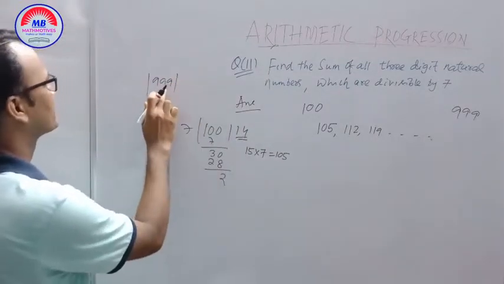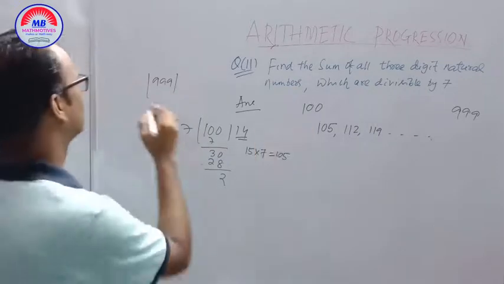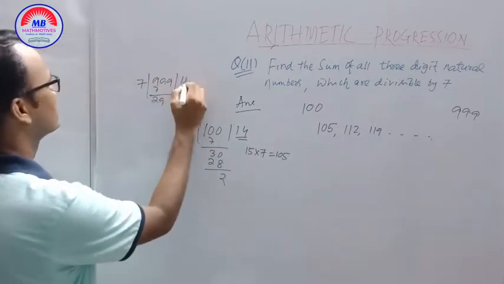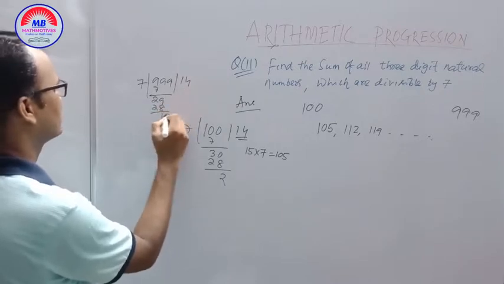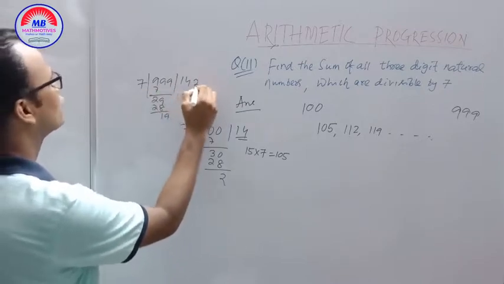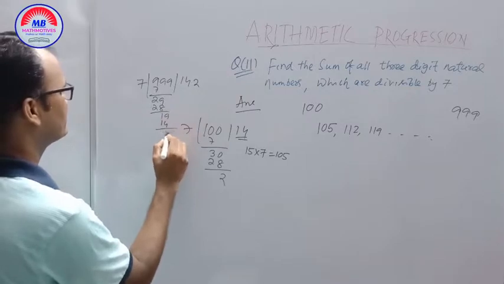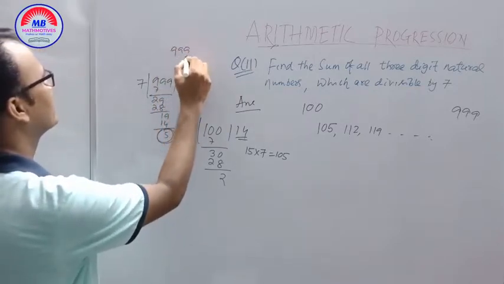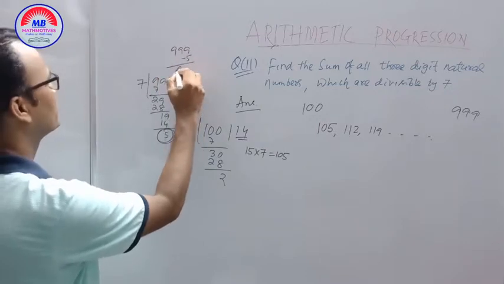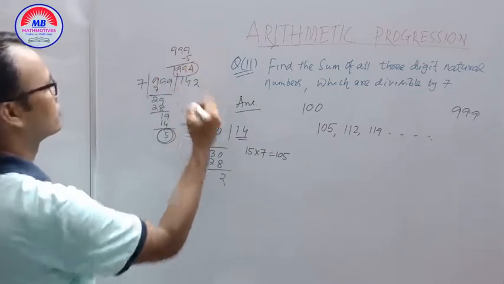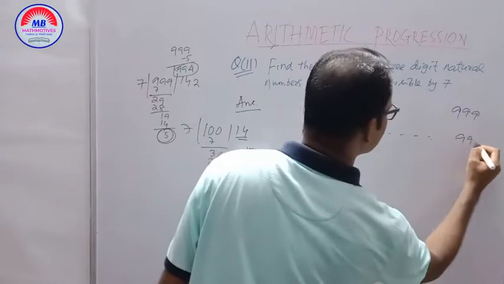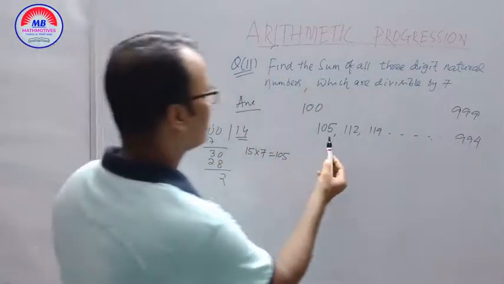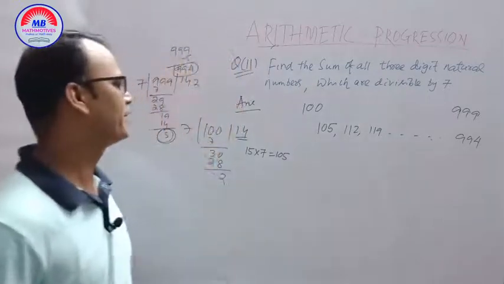It is the largest 3-digit number. 7 1 is 7, 2 9, 7 4 is 28, 1 9, and 7 2 is 14. Here the remainder is 5. Directly you subtract 999 minus 5. It will be 994. So the last 3-digit number is 994.